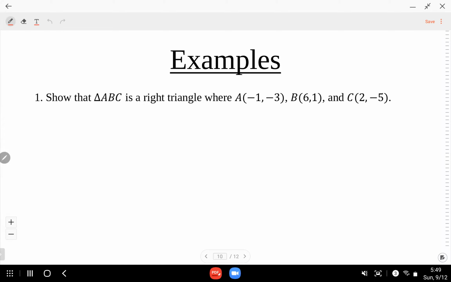Show ABC is a right triangle. So how are we going to do this? I'll give you a few moments to think and possibly give me the answer. Well, not really an answer because you're just showing me. All right, so give some logical mathematical reasoning on why ABC could be a right triangle.